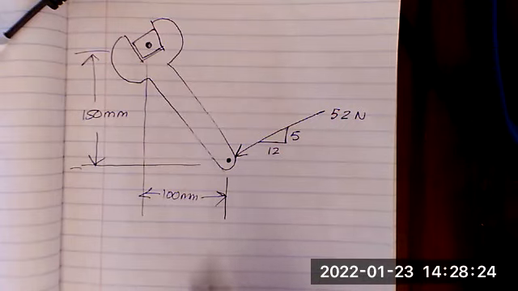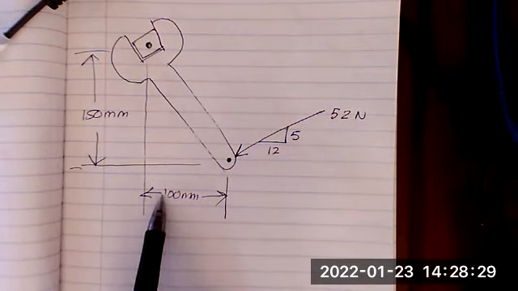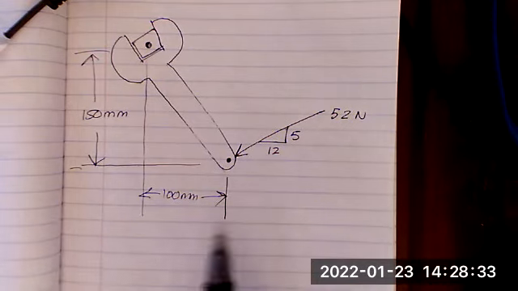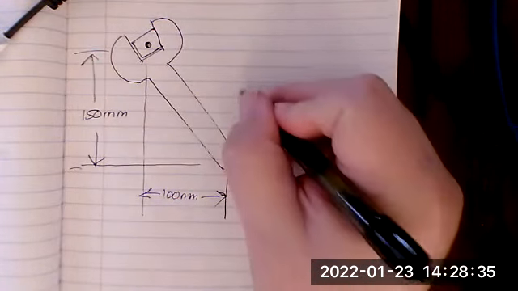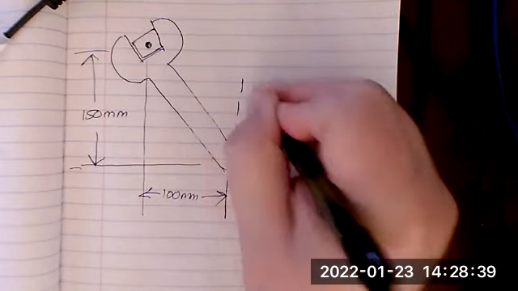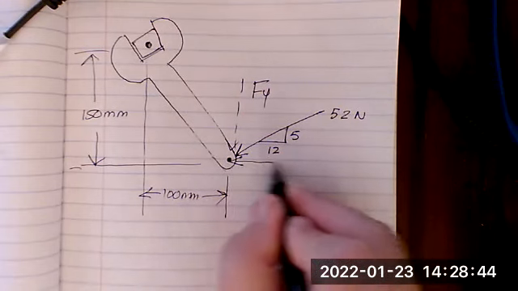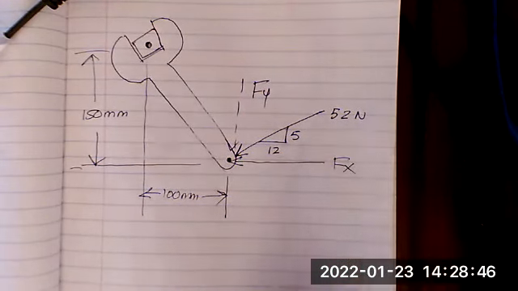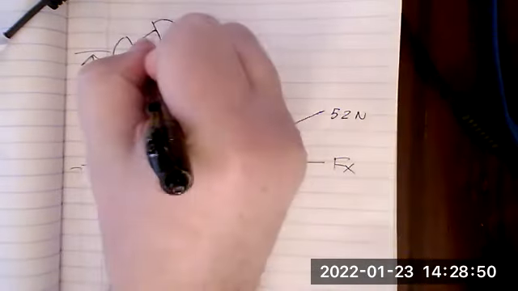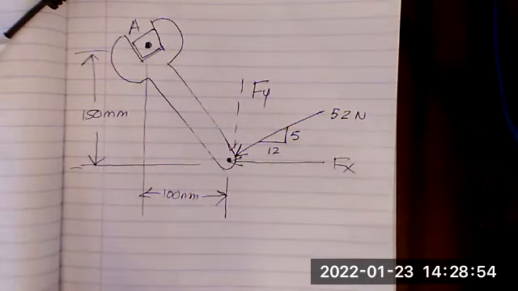So this force here obviously is not perpendicular to 100, and it's not perpendicular to 150, but the components of that force are. So we'll call this Fy, and we'll call this horizontal component Fx. Okay, and we're going to call this point A. Point of rotation is A.